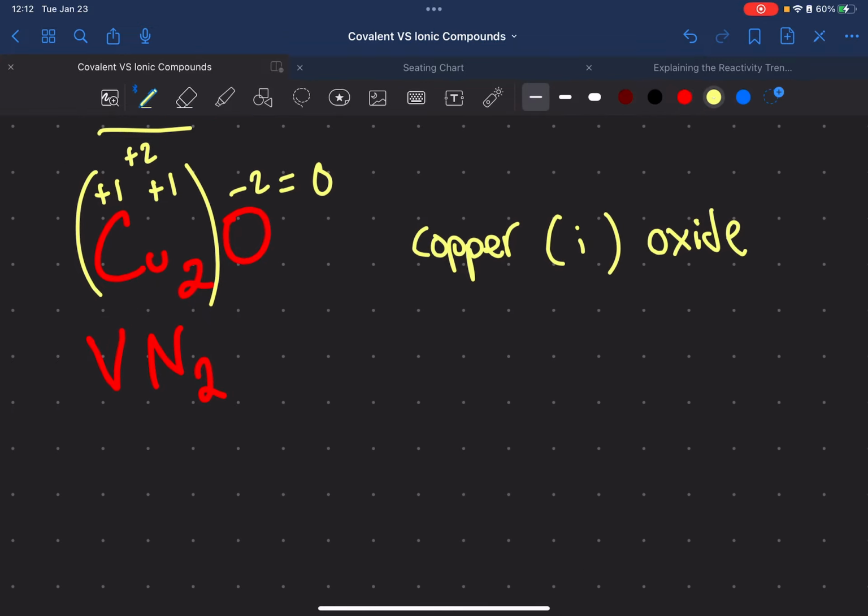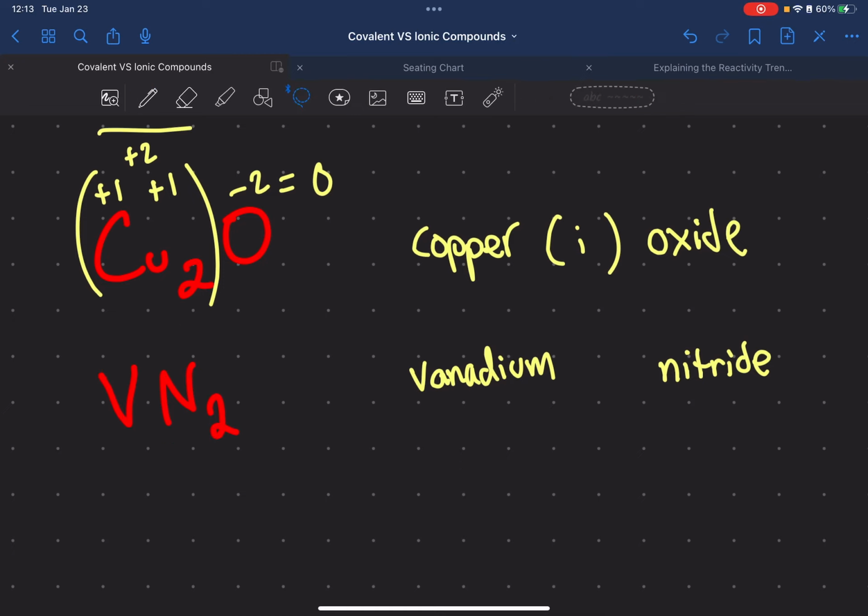And then this last one here, if you didn't know your Roman numerals, you might have gotten stuck, but this is vanadium nitride. Vanadium is a transition metal. It's over in the middle, a bit towards the left of the middle. And for our nitride, we know that nitride, based on its position in the periodic table, has a charge of -3. But this time I have 2 of them, so that adds up to a total negative charge of -6.